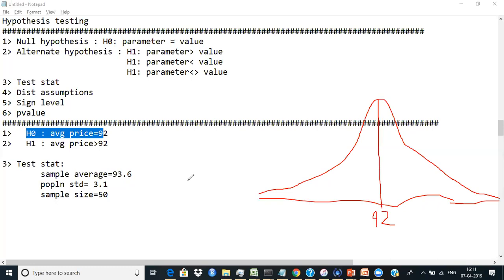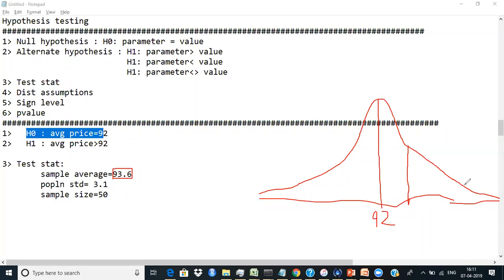Now I will plot this 93.6 on the bell curve, somewhere around here. I'll calculate the area to the right of this line. This area is the probability of getting a value greater than or equal to 93.6.